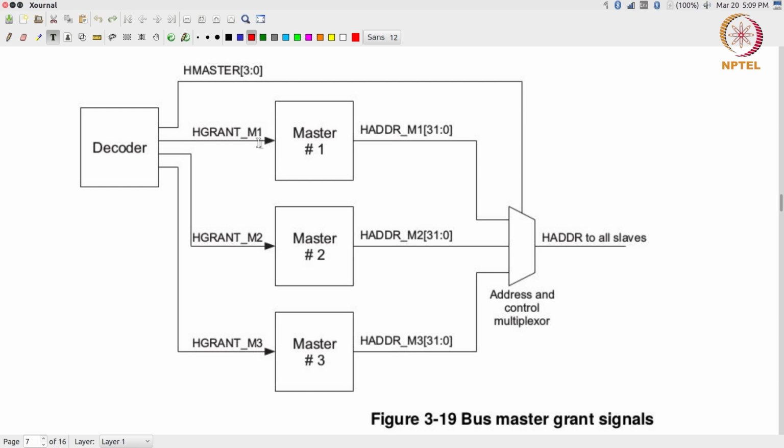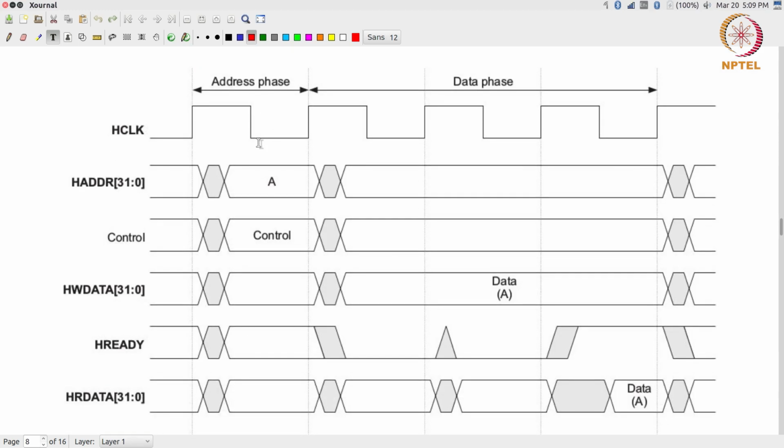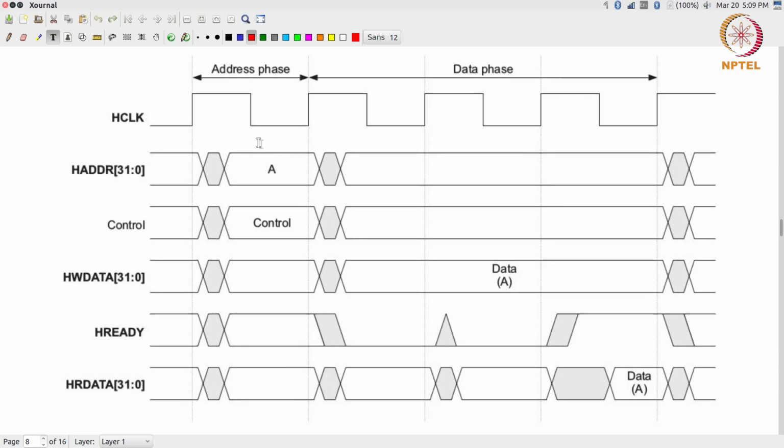Now, what exactly is the grant signal and how is it used? Intuitively, the idea is very simple: it is sort of like a chip select for the master, effectively saying that only when the grant signal is high is that master allowed to drive data onto its output bus. Now, who decides that chip select, who decides the grant? That is the arbiter.